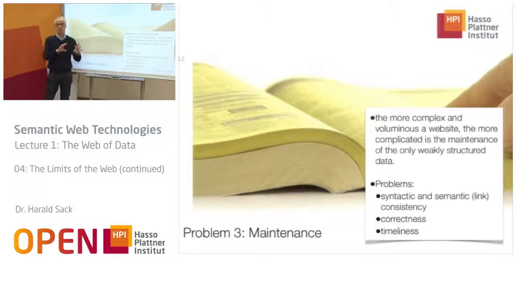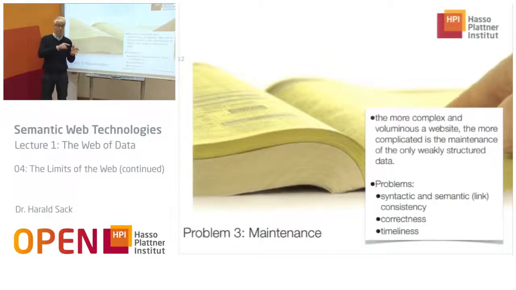And then you face the problem of consistency, or better, inconsistency. What does inconsistency mean? Syntactic inconsistency of a website means, for example, you have a link to another website within your document, and now the other website where you link to is moved away. So the link address is changing.